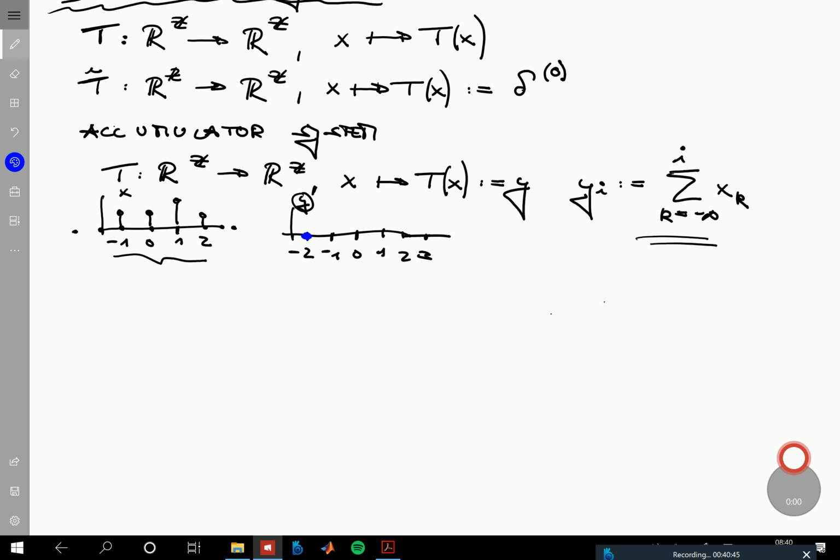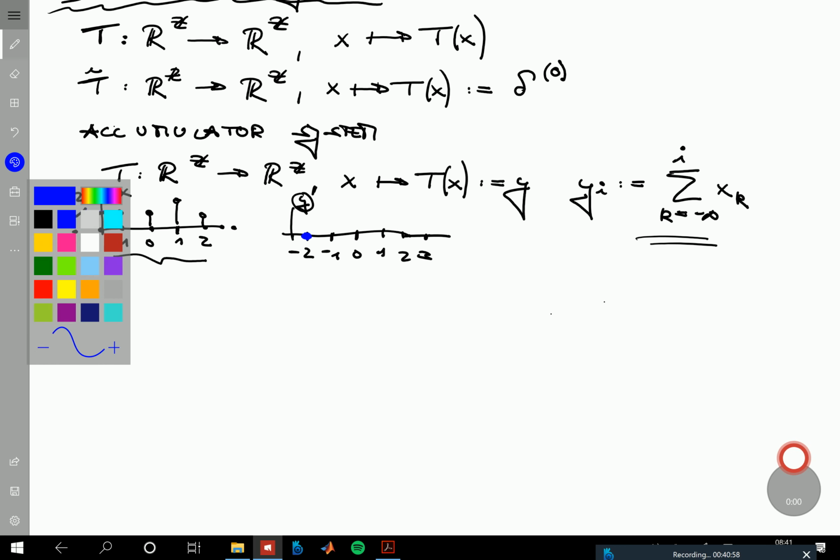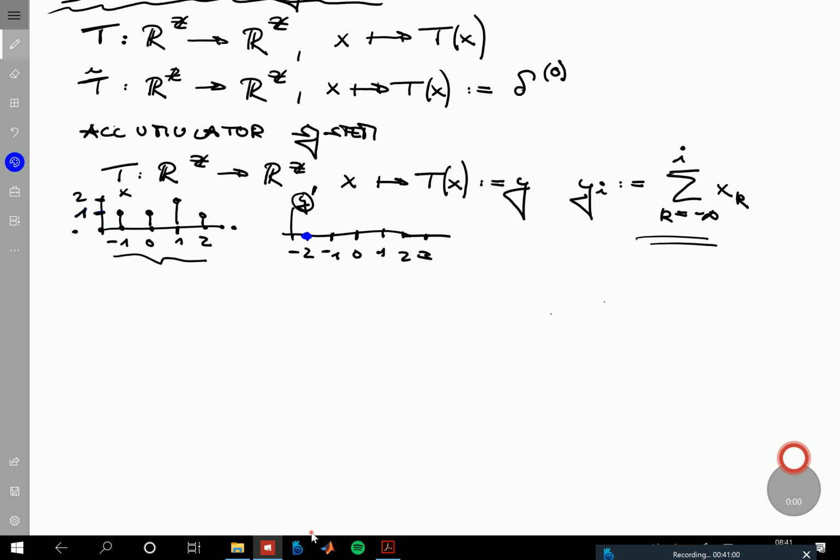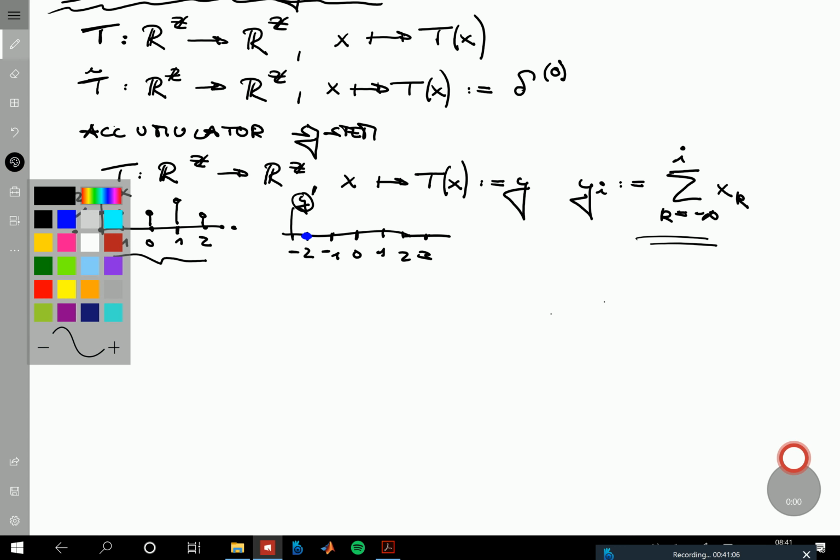What's the value of y at -1? One, exactly.